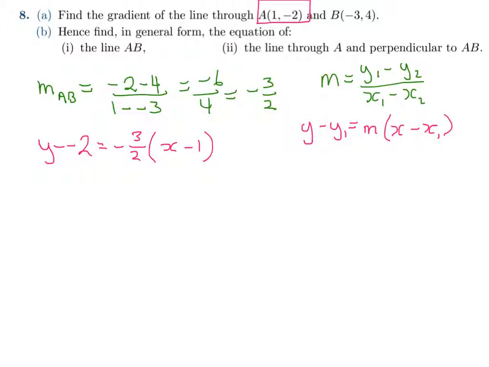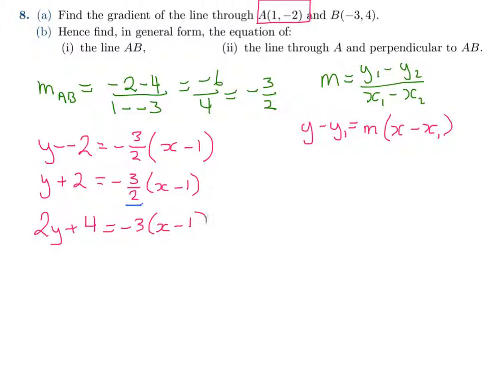We're just going to clean that up a bit. So we have y plus 2 equals minus 3 over 2 brackets x minus 1. We want the general form, so let's get rid of this denominator by multiplying everything by 2. So we get 2y plus 4 equals minus 3 brackets x minus 1.